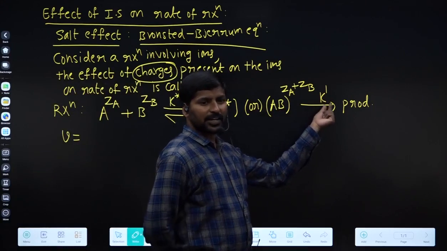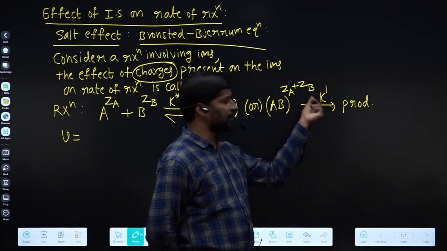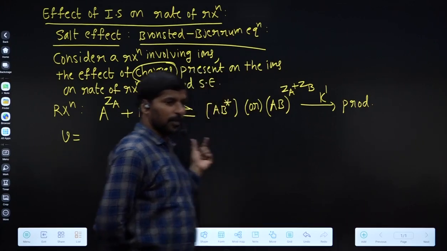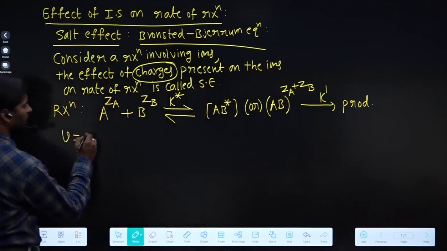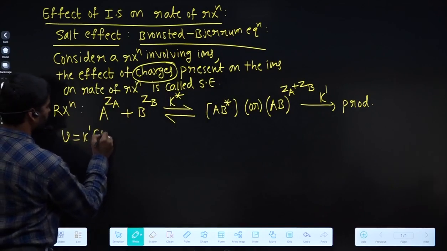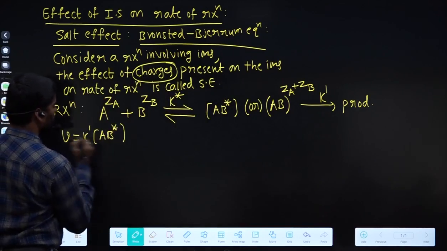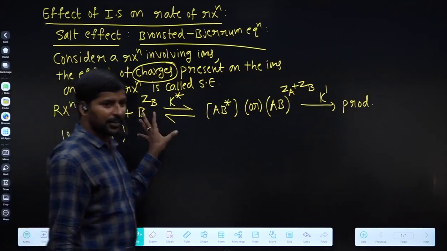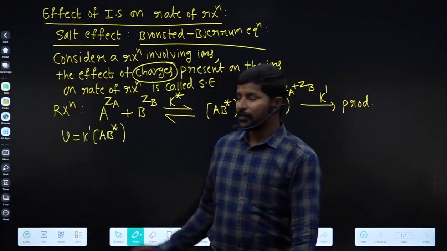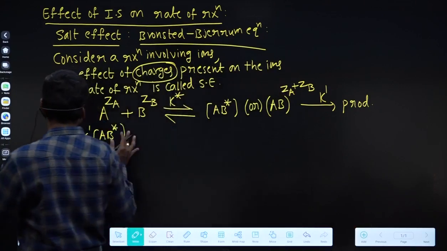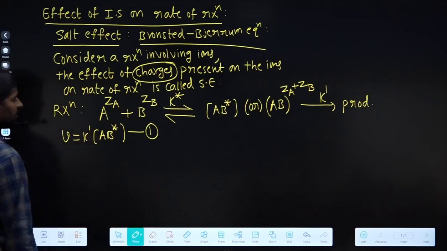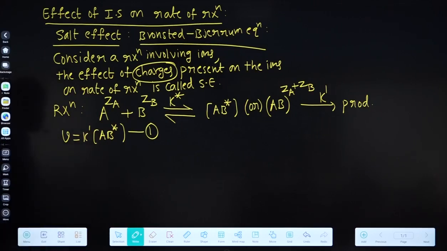So rate is rate constant into concentration of reactant, therefore K dash into concentration of activated complex AB star. So V is equal to K dash into AB star. Those preparing for GENCO may skip this derivation, as it may not be required. Let us consider that equation 1.